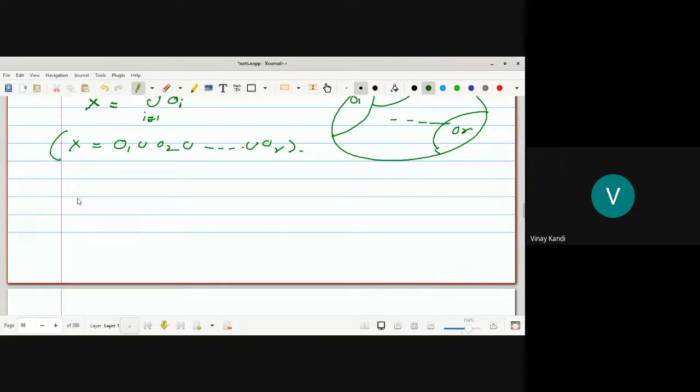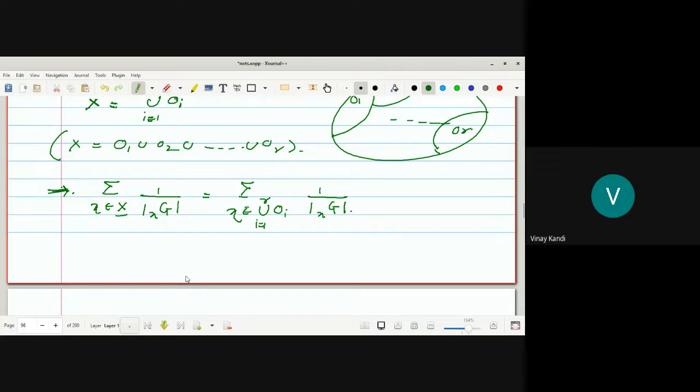So look here. That implies summation x belongs to capital X, 1 upon order of xg, is equal to summation x belongs to, what is the value of X? The union i running from 1 to R of Oi, 1 upon order of xg.